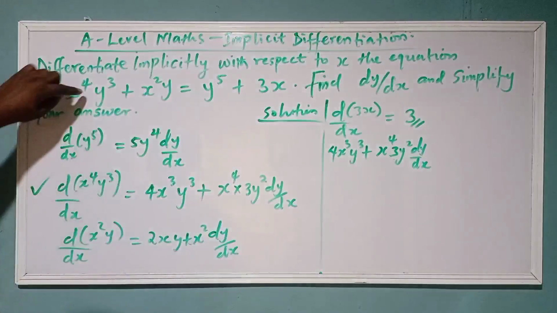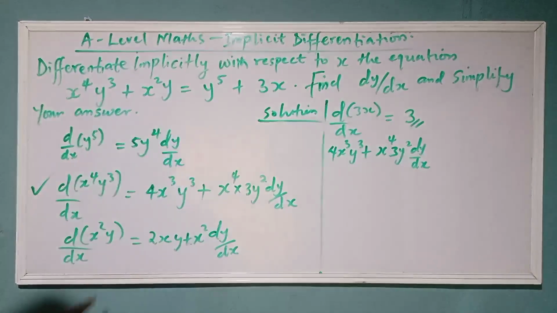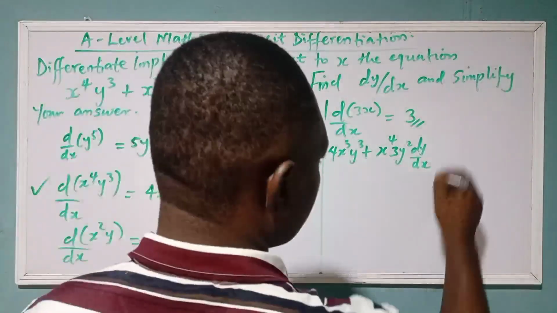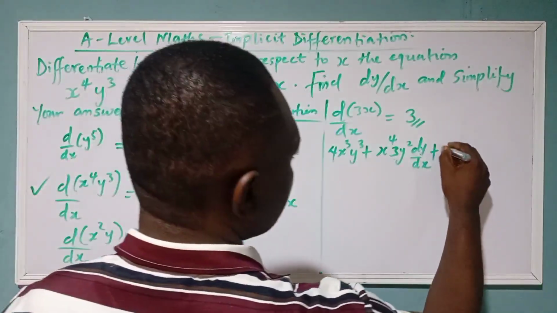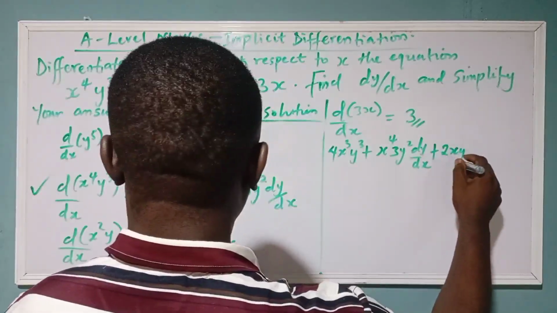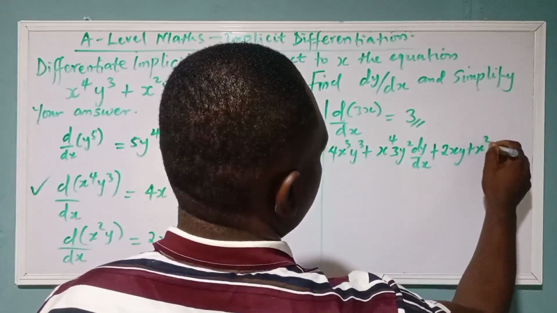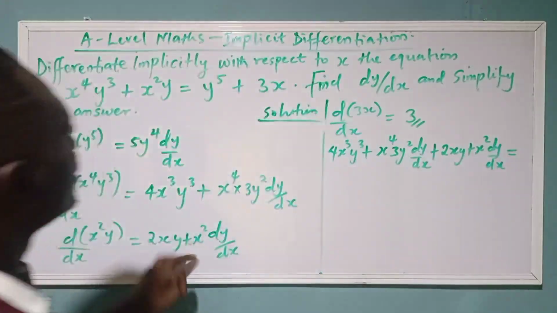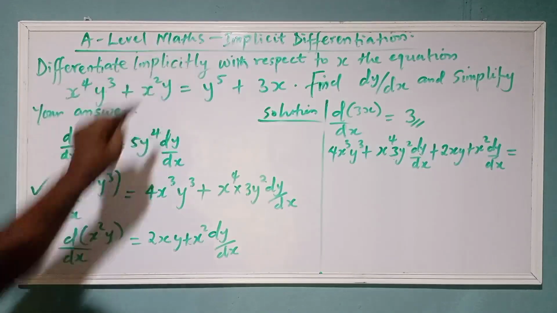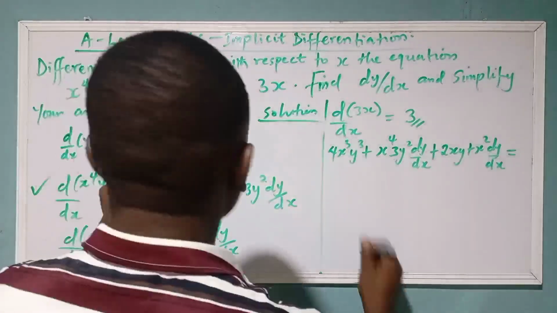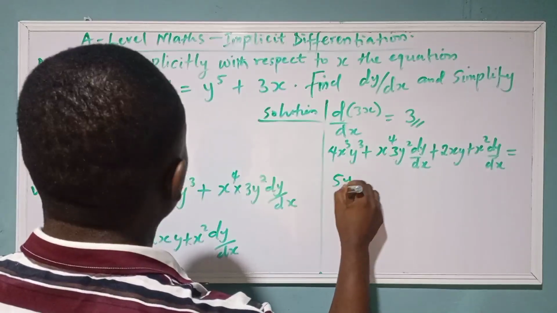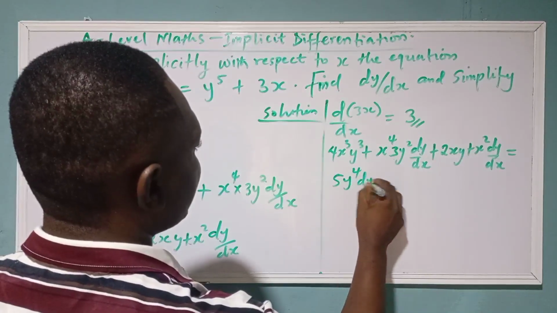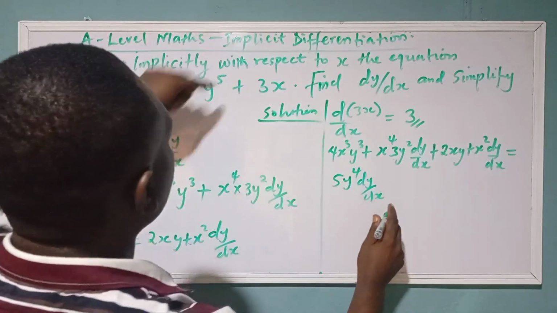Then for the next term, I will add plus 2xy plus x squared dy/dx, and it's equal to the differentiation of the right side, which is 5y raised to the power of 4 dy/dx, plus 3.